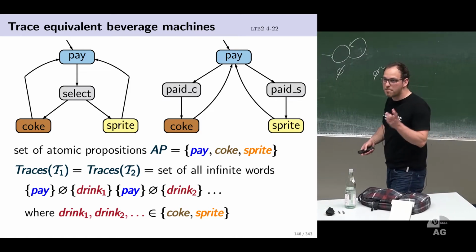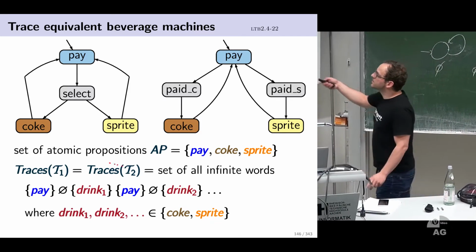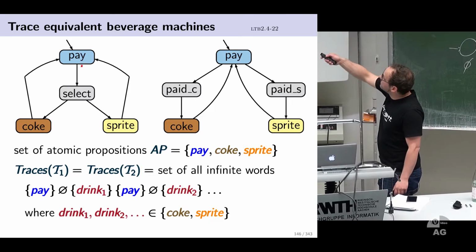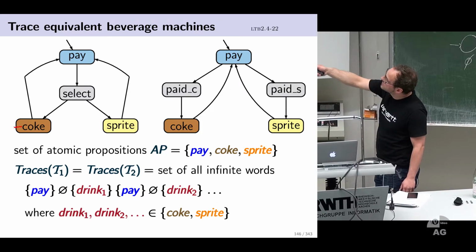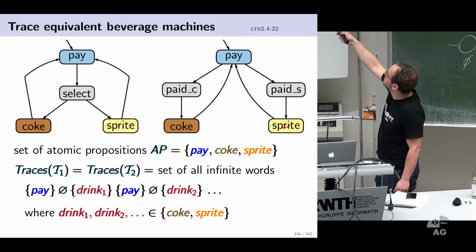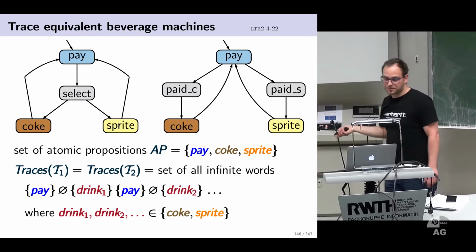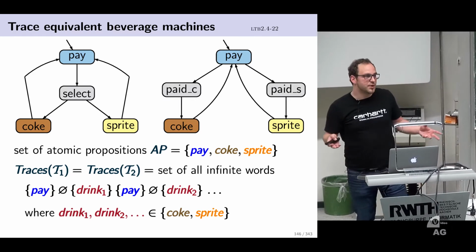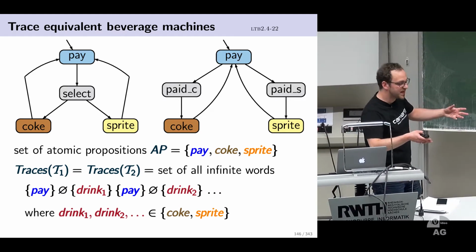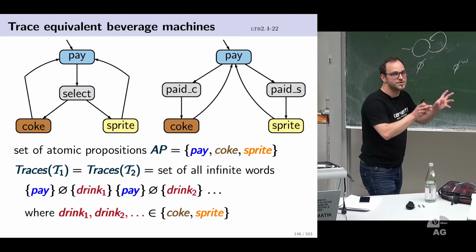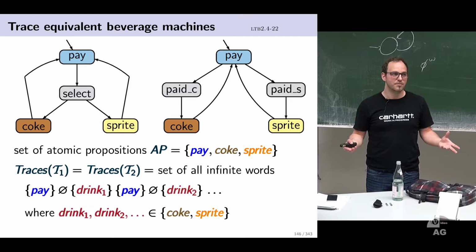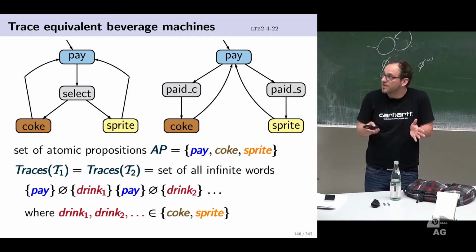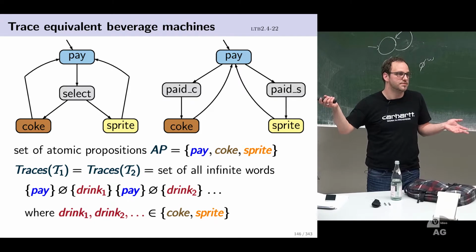If you look at the traces, they will always have pay, empty set, some kind of drink, pay, empty set, some kind of drink, and the same here, and so on. And what does it mean that they are not distinguishable? Well, I just showed you the theorem that said, if I have trace equivalent transition systems, they satisfy exactly the same LT properties. Meaning, there is no LT property that can tell these two transition systems apart.